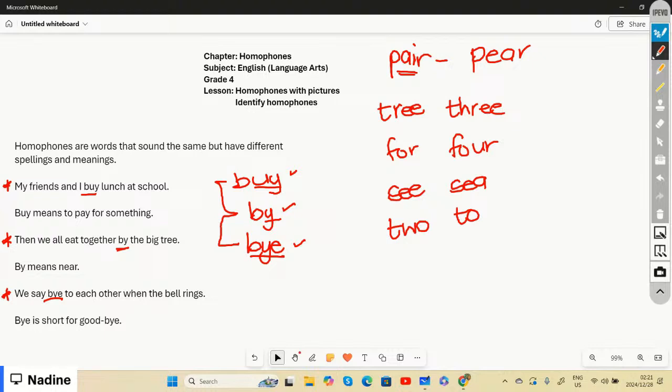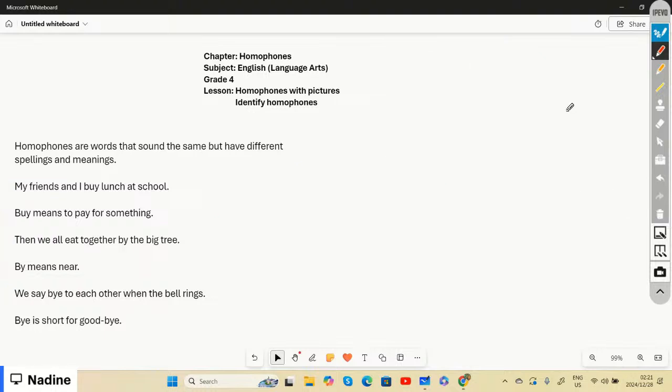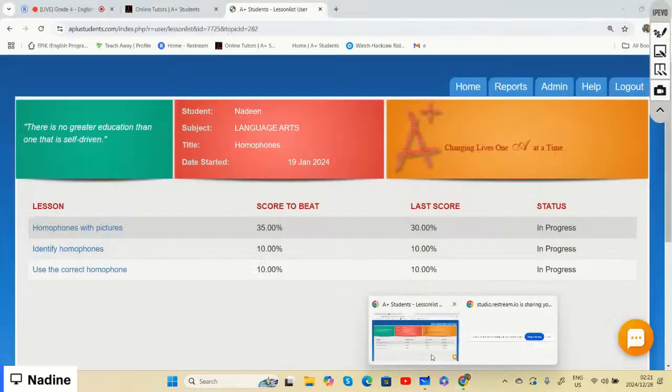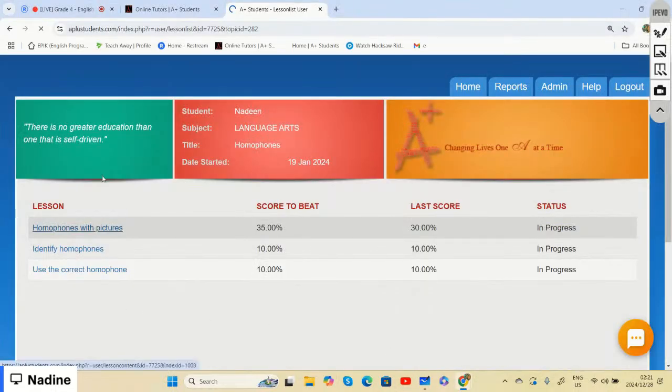All right. So now, if we look at more words, right? Remember, we are trying to identify homophones, words that sound the same way, but they have different spellings and meanings. So now we're going to continue where we are going to look at homophones with pictures, and we're going to identify homophones and then go to our test. So now, homophones with pictures.